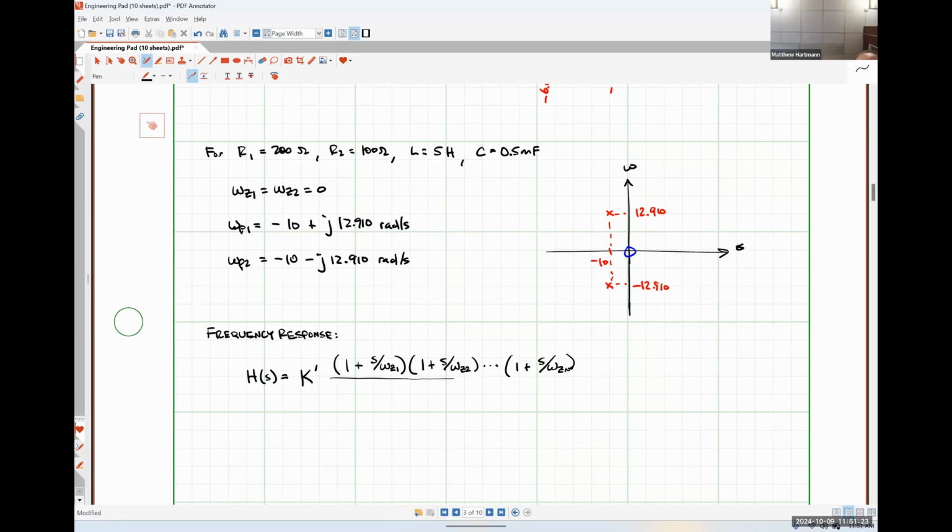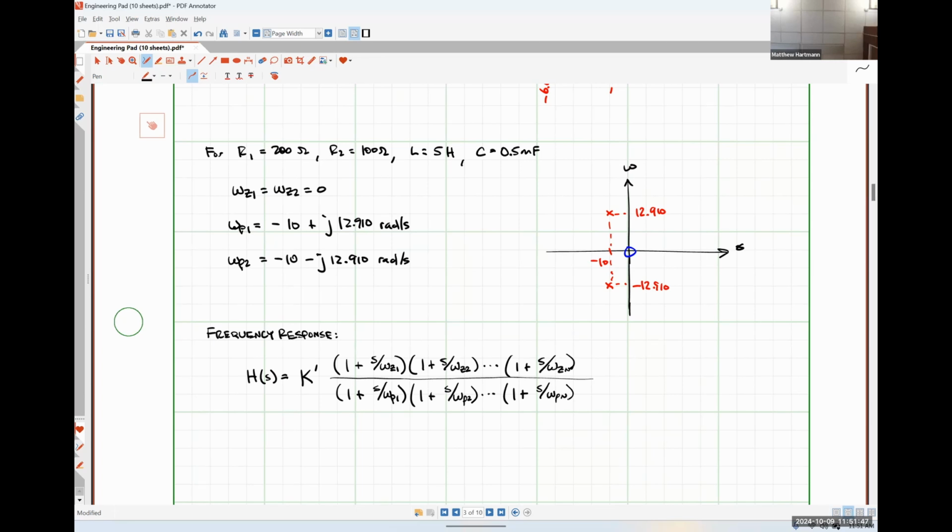And we're going to do our denominator in the same way. So 1 plus S divided by omega P1 times 1 plus S divided by omega P2, all the way out to 1 plus S divided by omega P sub n.